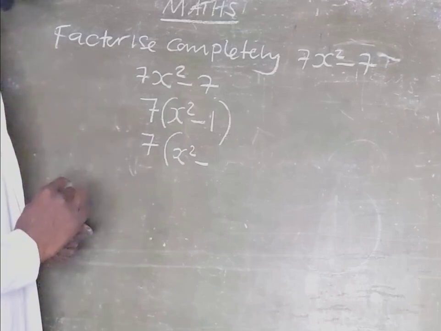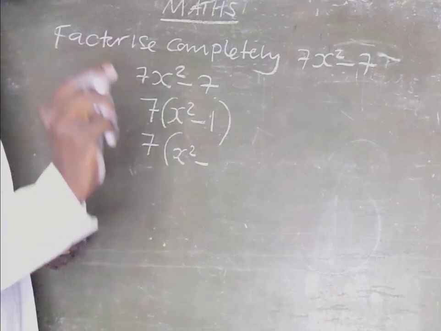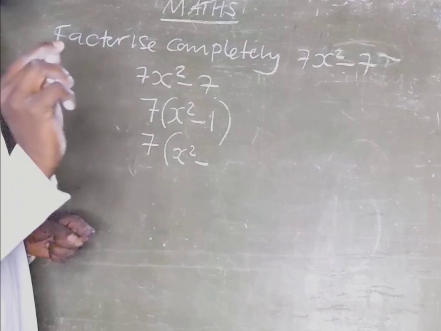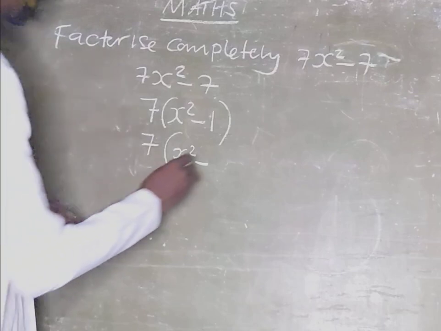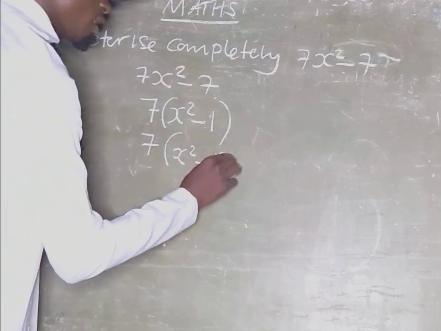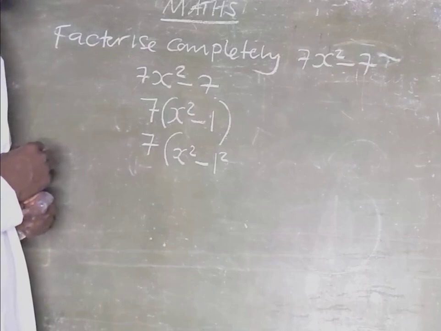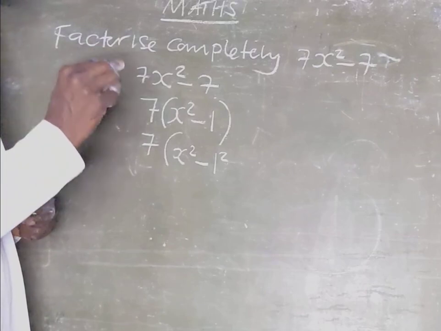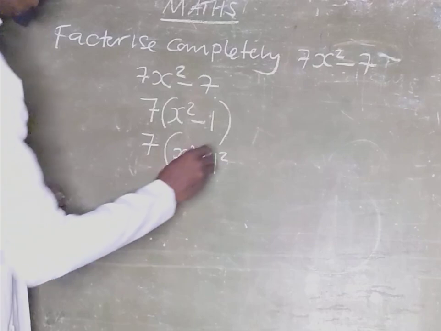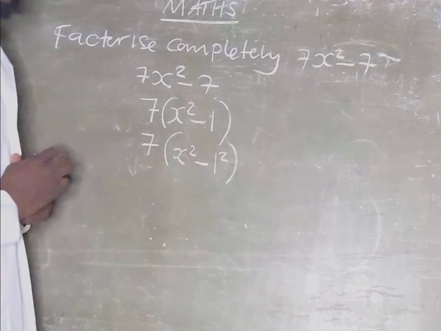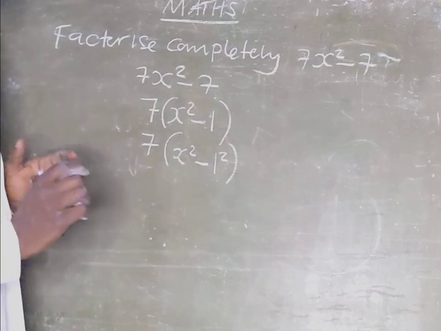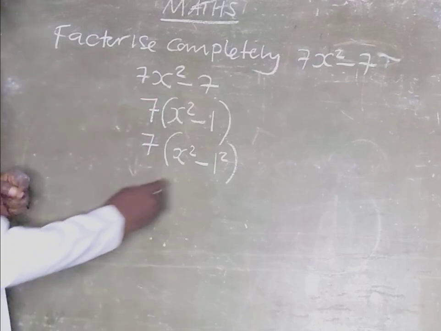That is 1 itself, because 1 multiplied by 1 will give us 1. If we say 1 raised to the power 2, that simply means 1 times 1, that is 1. So this is the difference of two squares, and then from there we just distribute.